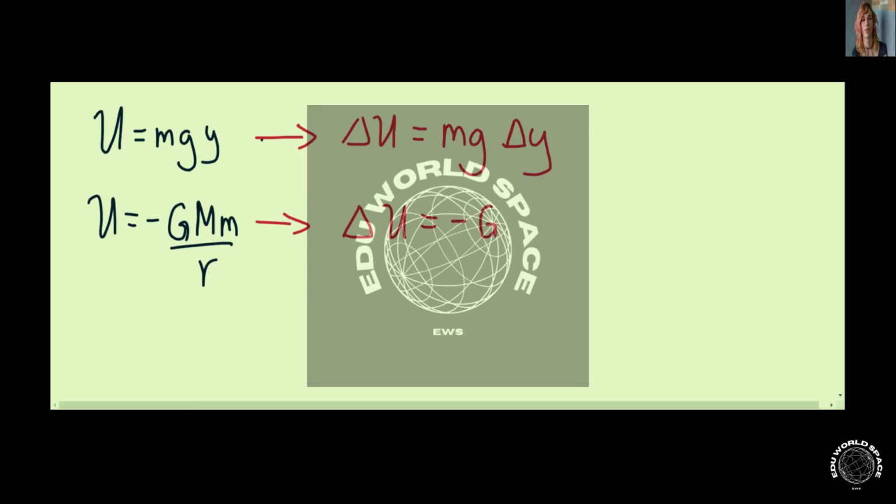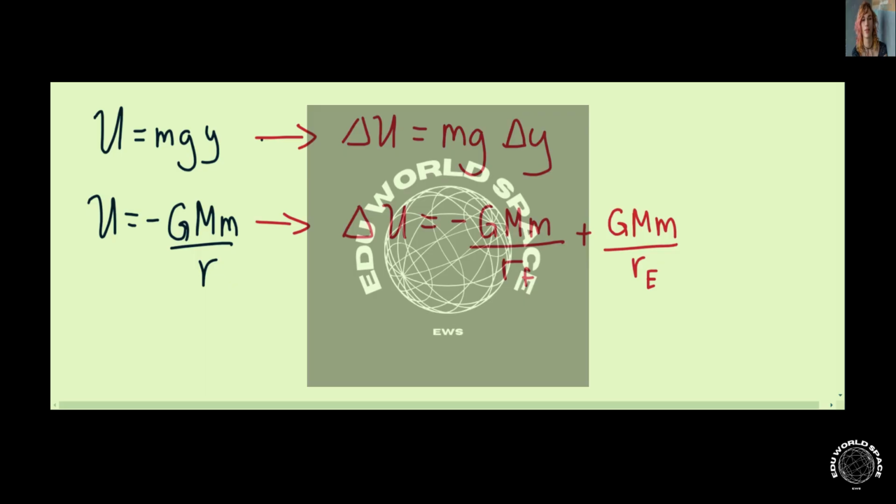So for this version, we're going to be looking at mg delta y. And for this version, we're going to be looking at negative GMm over rf, so that'll be our final r, minus, which becomes a plus, GMm over rE, because I'm going to use my initial position as the radius of the Earth, or the surface of the Earth, I should say.